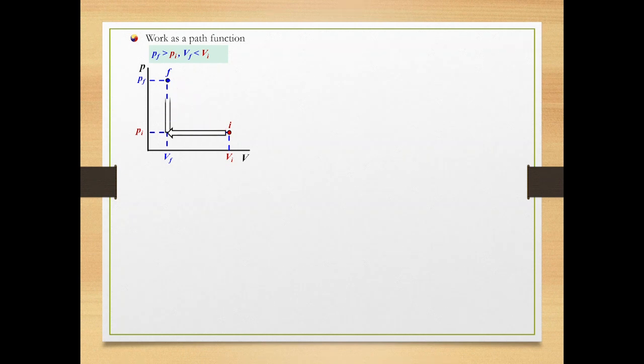Path 1 looks like this. The first step of path 1 is made by compressing the volume of the gas from Vi to Vf, while the pressure of the gas is maintained constant to Pi, and the second step is made by increasing the pressure to Pf, while the volume of the gas is maintained constant to Vf.